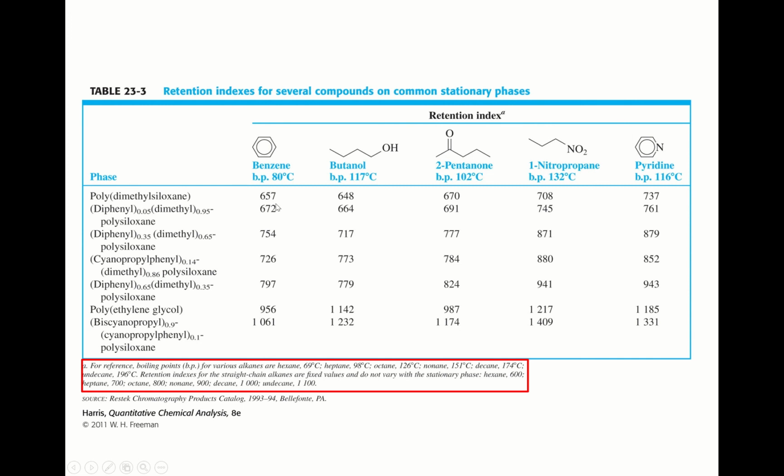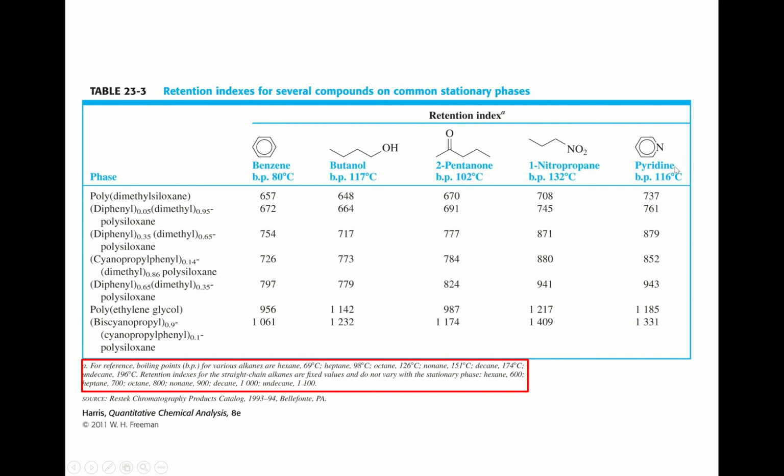Now you know immediately that this is between 600 and 700, so benzene will come out after hexane and before heptane. For butanol, you'll know immediately that it also comes out after hexane and before heptane, but a little bit earlier than benzene, because this retention index is smaller than that of benzene.